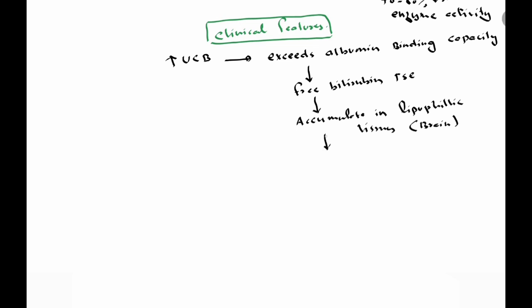After getting accumulated in lipophilic tissues, there is oxidative stress and mitochondrial metabolic damage, thereby causing neurological damage.